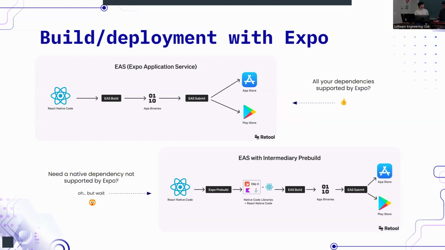So two different versions of the same app that run essentially the same code. If there's a native dependency, there's a slightly different process. I believe that's changed now, but it'll be Expo prebuild that compiles all your dependencies into one, Expo build, and then again EAS Submit will split it into the App Store and Play Store versions.